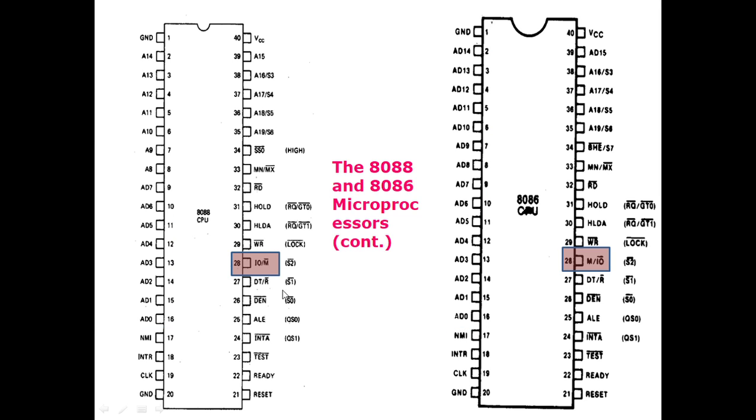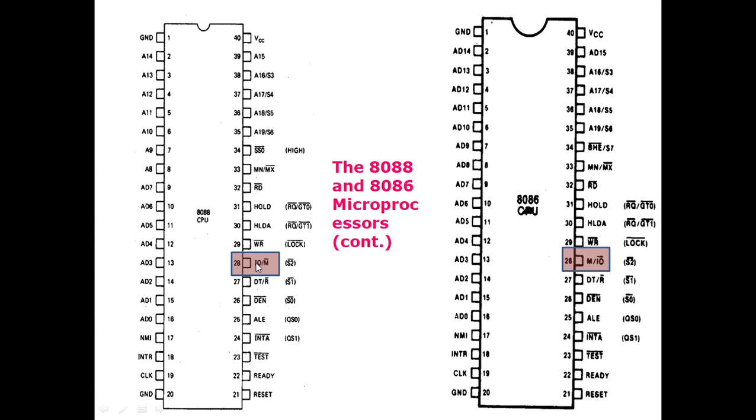Apart from that, there is pin 28, designated as IO/M. This pin indicates a value that controls the external circuitry, instructing it whether to access input and output devices or the memory. So IO/M means whether input and output devices are accessed this time or the memory is accessed.